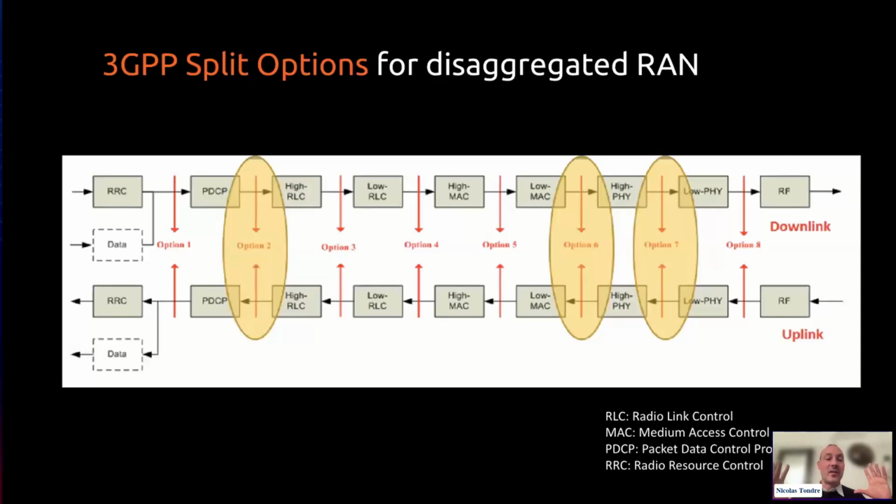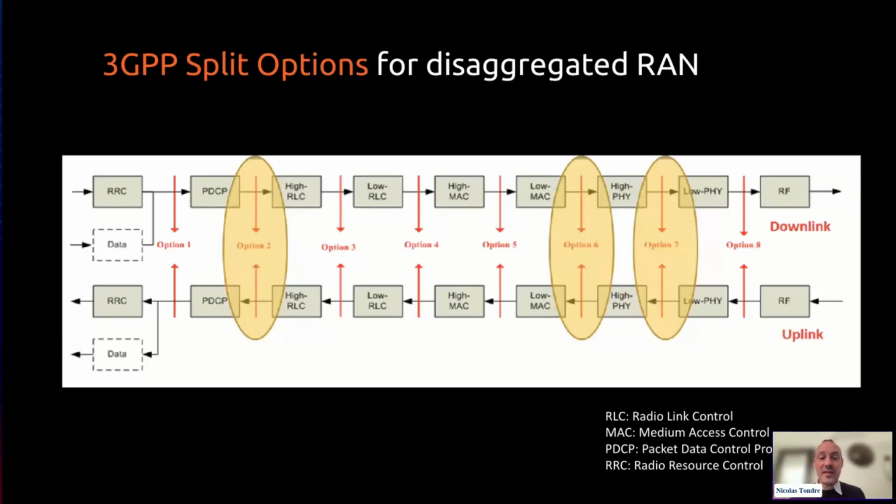That meant that you had to buy a big block with everything inside from only one vendor. Well, 3GPP has standardized different options of splitting a RAN into different parts, from 1 to 8. And we'll focus on option 2, fronthaul, and option 7, split 7.2.